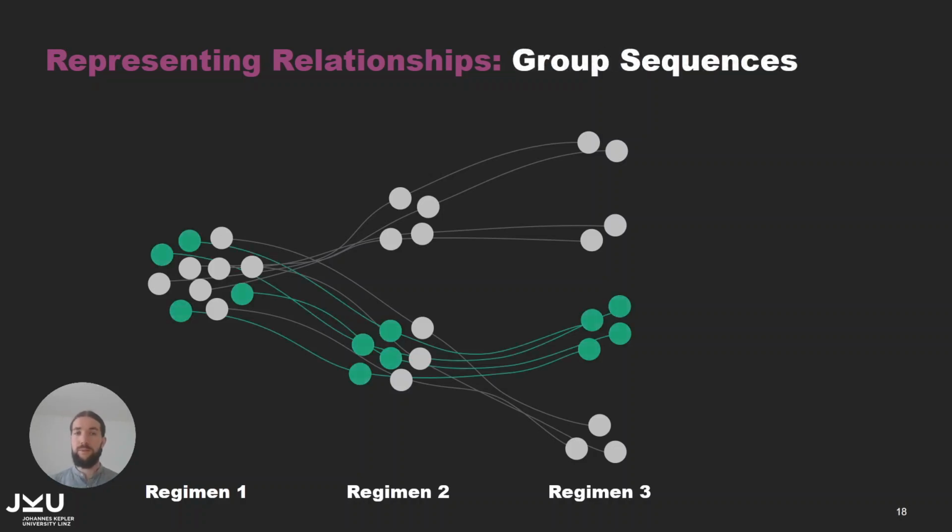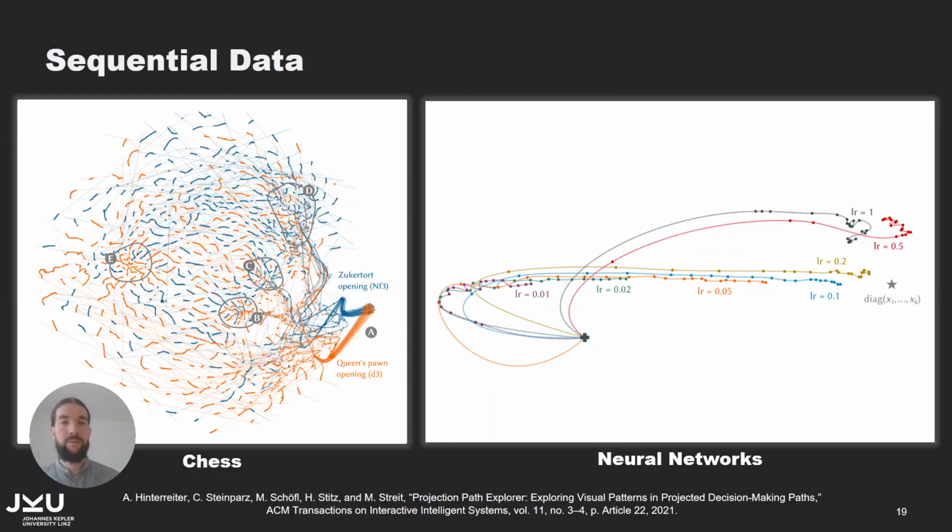And we can of course also define groups in these sequences, which would then give us a group sequence. In the paper we used chess as an example for sequential data, and my colleague Andreas Hinterreiter also used this to analyze how neural networks with different learning rates behave in the training process.